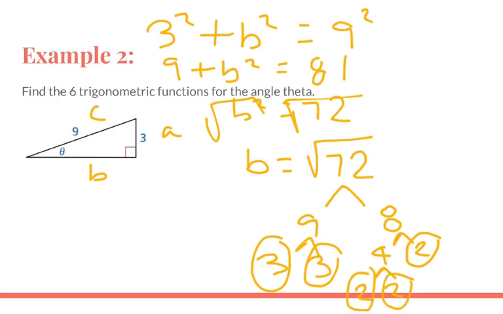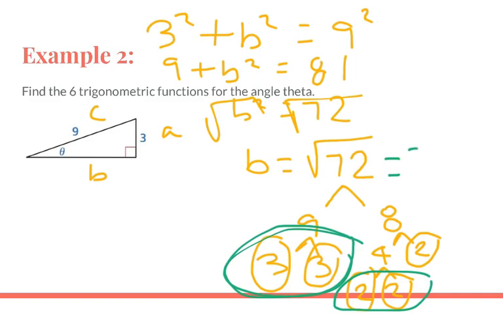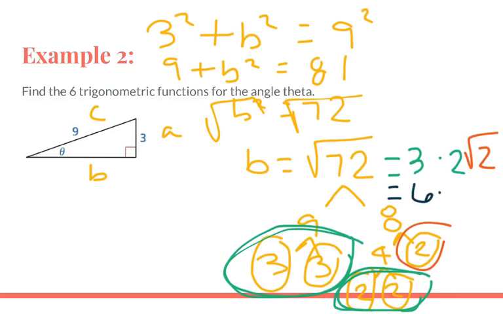Okay, so then you look for any groups of 2. I have a pair here and a pair here. Both of those numbers can go on the outside. Remember, just one time. So with this one, I'll put a 3. And with this group down here, I'll put a 2. And since this one was just kind of left by itself, that one stays under the radical. So I can simplify that as 3 times 2 is 6, so 6 square root 2.